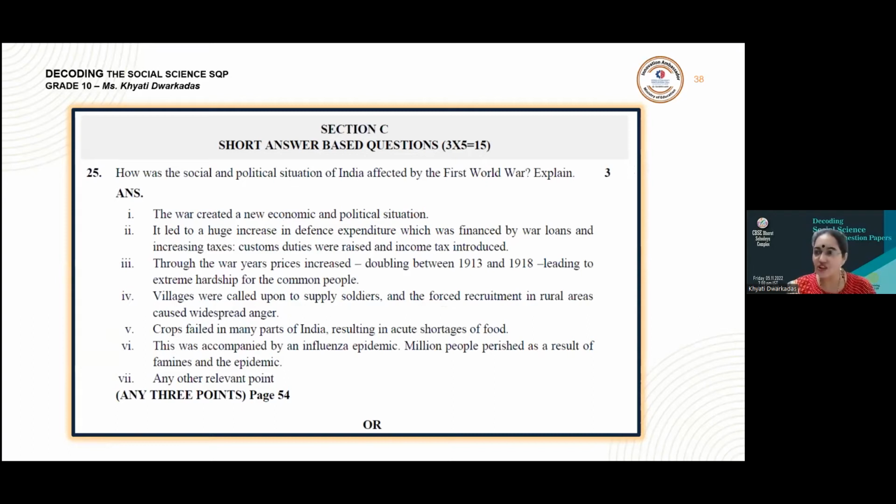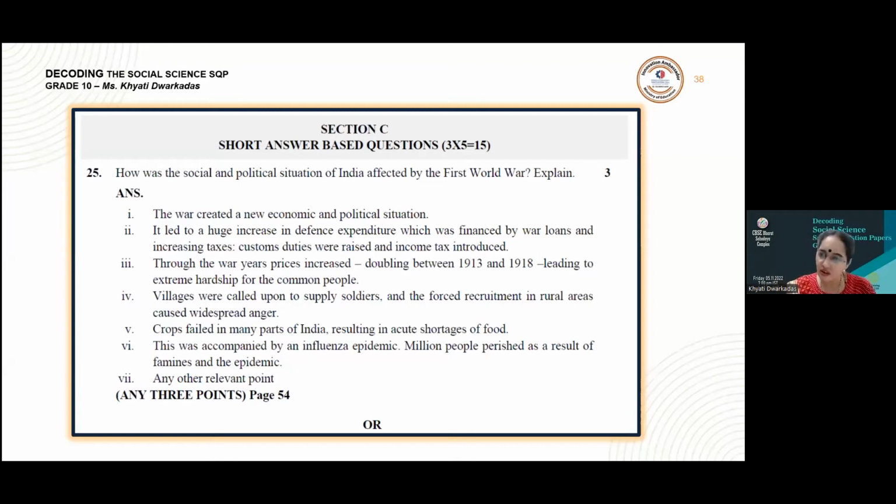Let's look at section C, which deals with short answer questions, which are 3-mark questions, again, of 60 words. We expect only 3 points to come, but the board says explain. You need to guide students that explain again means it will be in numbered points, as you can see in the marking scheme.